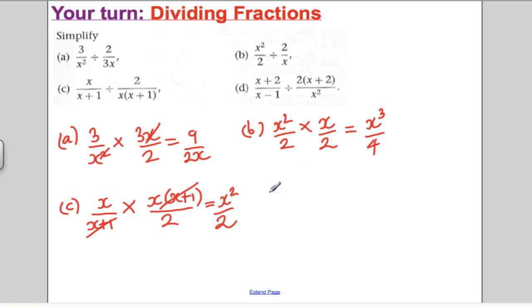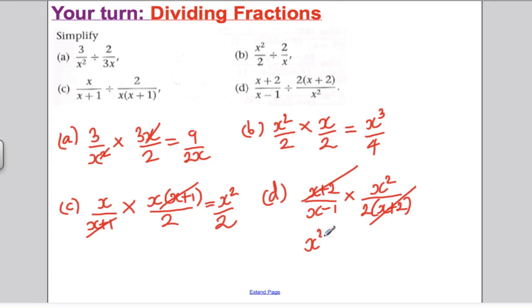This one here, part D, we would get x plus 2 over x subtract 1, and we would get that multiplying by x squared over 2x plus 2. That x plus 2 would cancel with that, and we would end up with x squared over 2x minus 1, or subtract 1. And that would be the first 4 done.